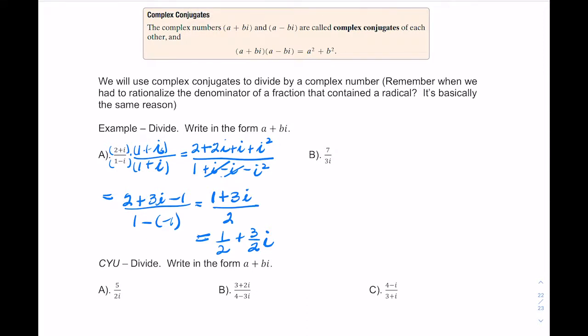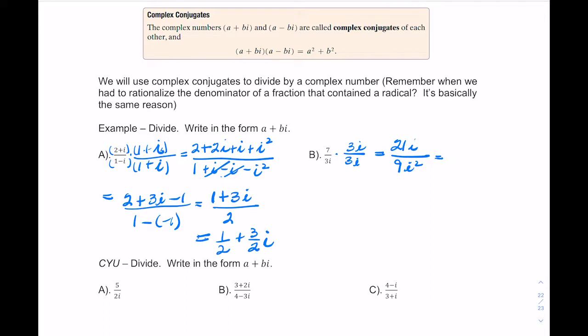In letter B, I need to multiply both top and bottom by 3i to get rid of the i in the denominator. So 7 times 3i gives me 21i. And in the denominator, I've got 3i times 3i, which would be 9i squared.